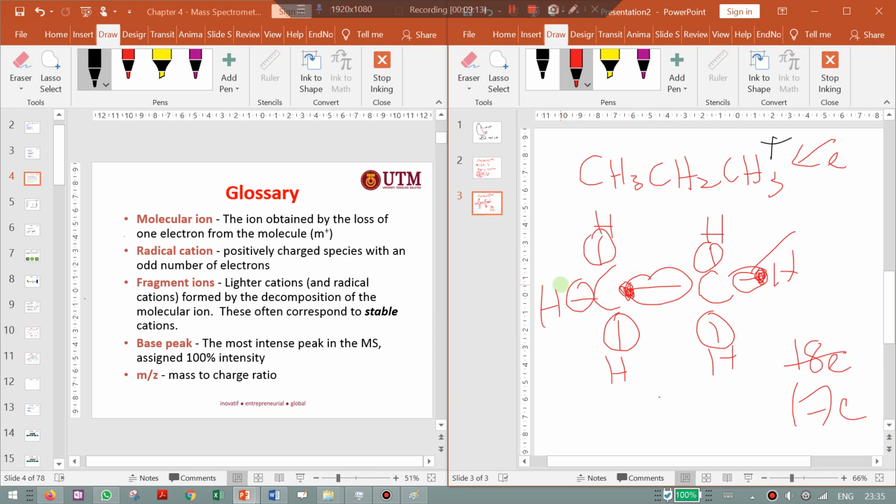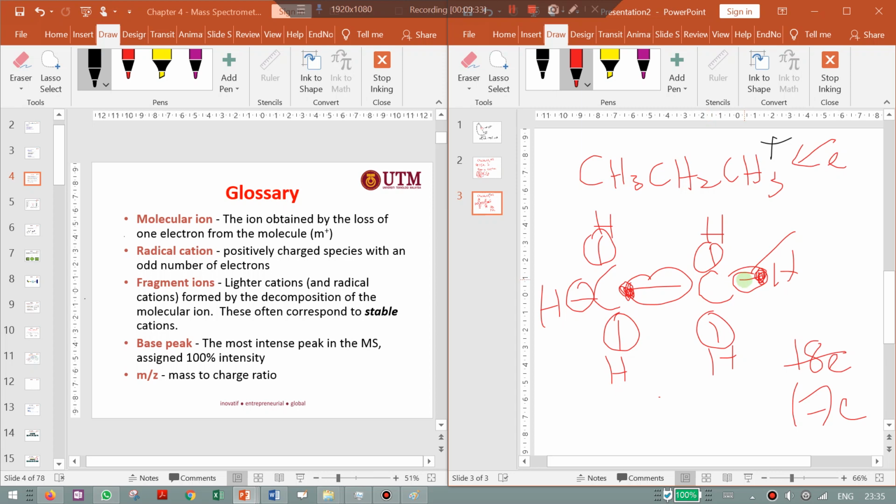So in a short time, we can just imagine, the molecule that lost an electron becomes a radical cation, and it somehow tends to become fragment ions.